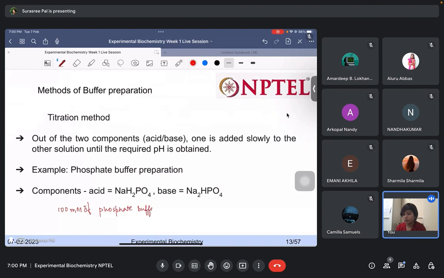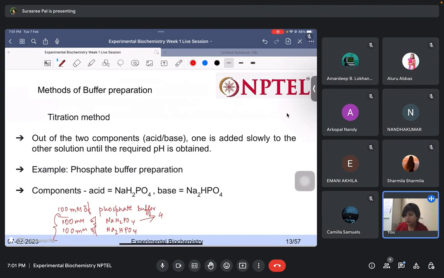We prepare 100 millimolar of NaH2PO4 and also 100 millimolar of Na2HPO4, right? These two have two different pH. NaH2PO4 has a pH of approximately 4 and Na2HPO4 has a pH of approximately 9. So you can see which one is acidic, which one is basic.